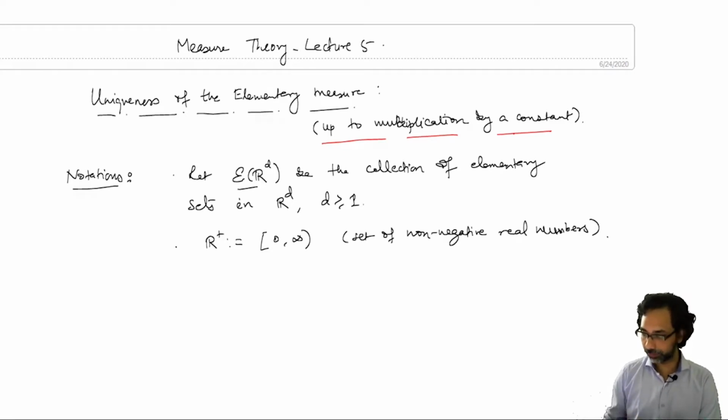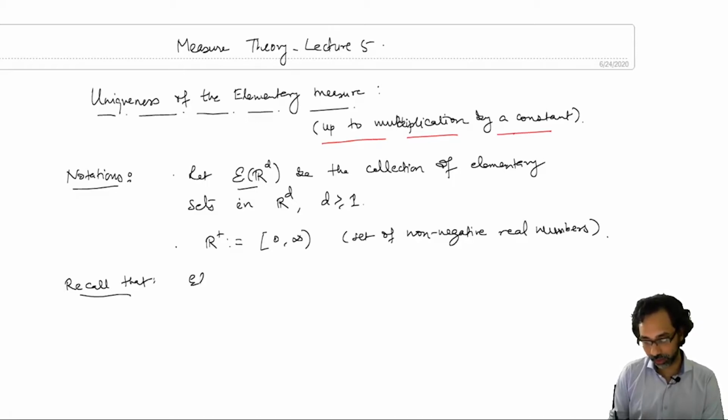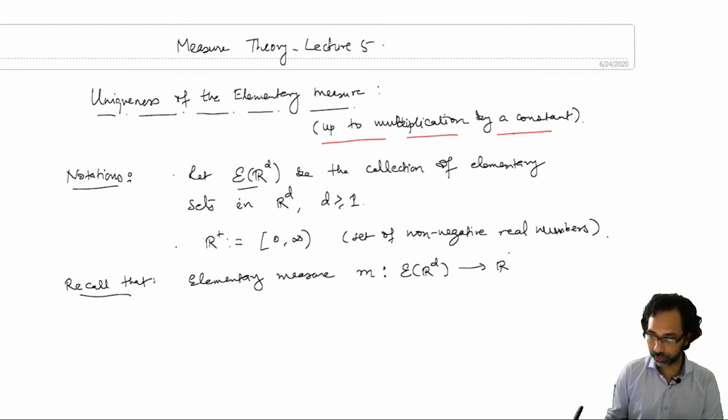So now recall that our elementary measure, which I now view as a map from this space E of Rd to R plus.